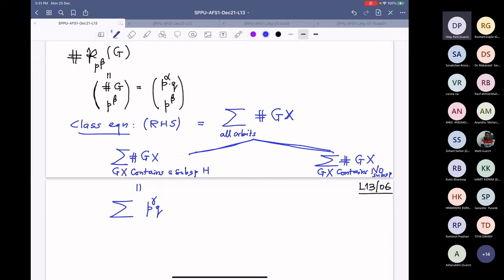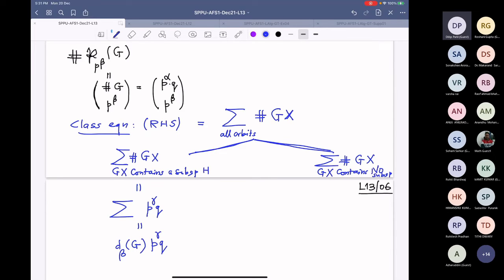Each orbit contains one subgroup, so this sum is d beta G times p power gamma q. Agreed? Because each orbit will contain one subgroup, and that subgroup will count once.